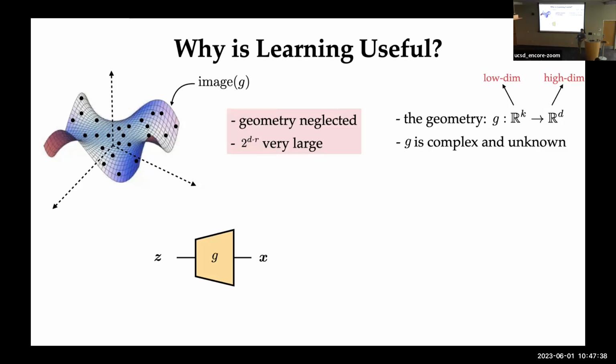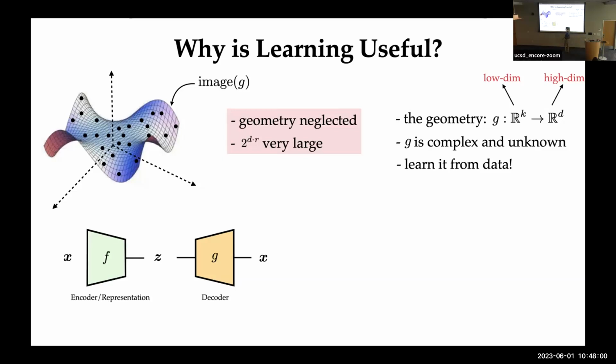We don't have an analytical map that gives us G. And that's exactly where learning comes into play, because what learning proposes is to actually learn this mapping G from data. There are various ways to learn these generative models, given the recent advances, but one way is through autoencoding approaches, where alongside G you also learn its inverse map.